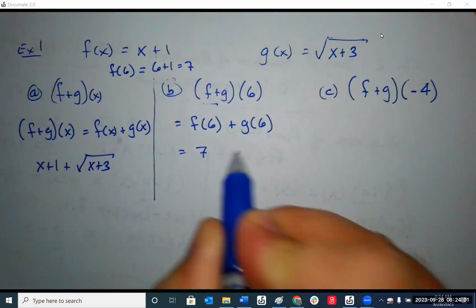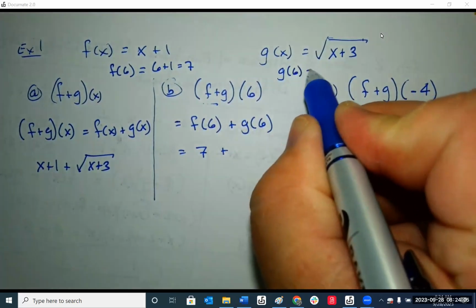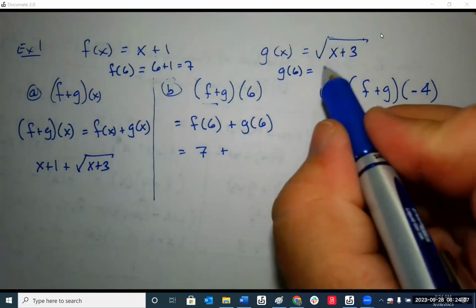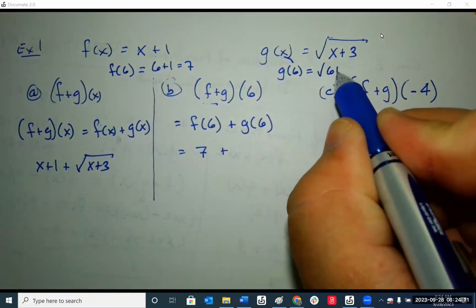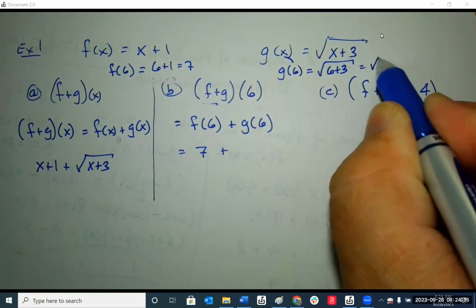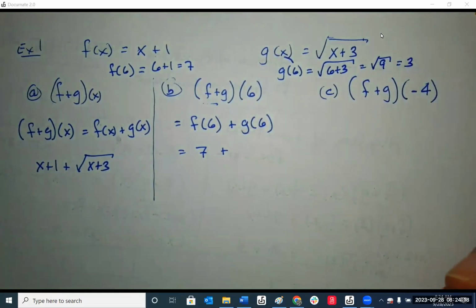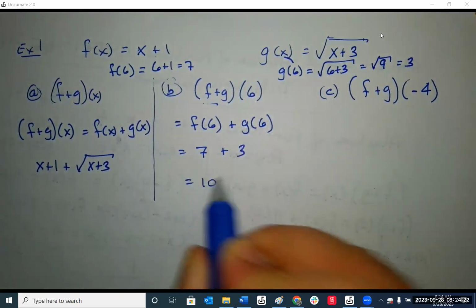So this is a 7. And g of 6, in place of x, I put a 6. Square root of 9 is 3. So g of 6 is 3. Add those together, I get 10.